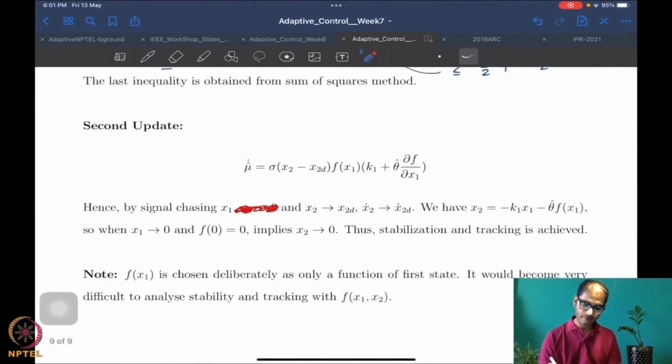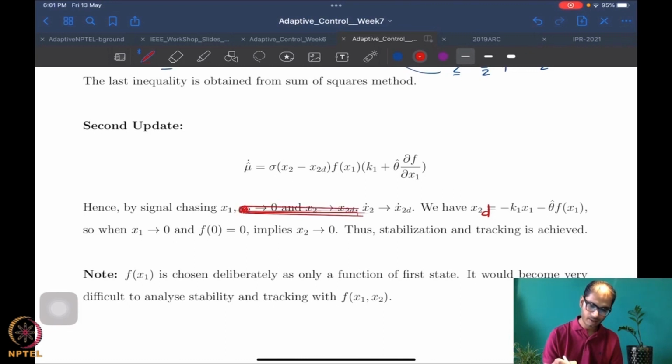So what we have is that x2 is this guy. If x1 goes to 0 and f0 is going to 0, so this is actually x2 desired, right? So if x1 is going to 0, as we have already proved, so I apologize, give me a second, there is some misbehavior from the pen.